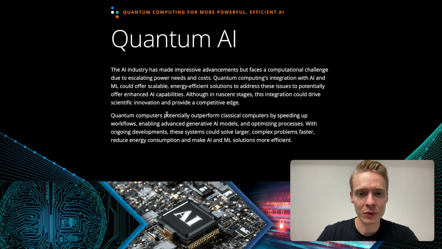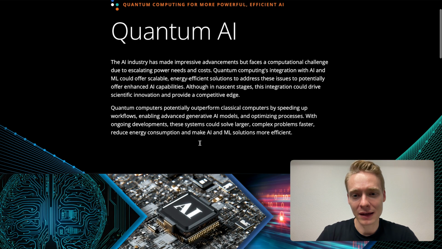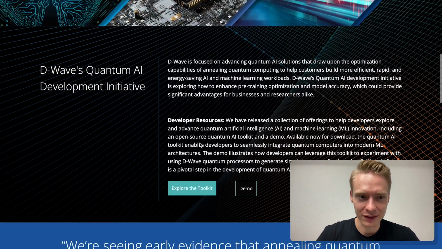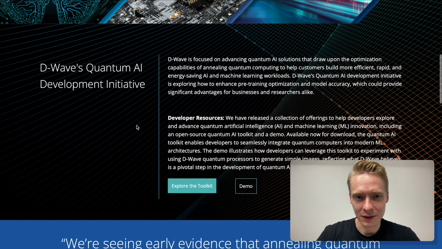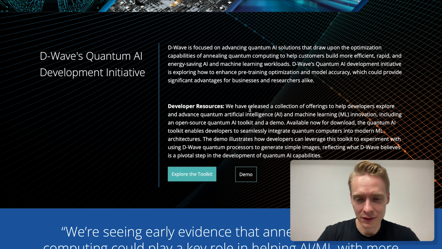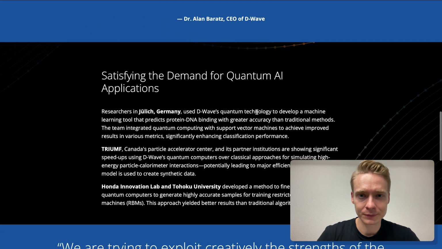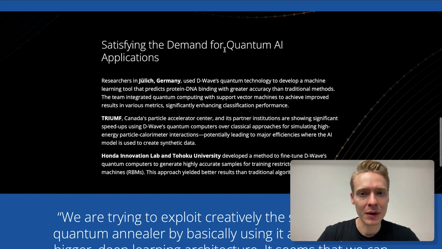Quantum computers could potentially outperform classical computers by speeding up workflows, enabling advanced generative AI models, and optimizing processes. With ongoing developments, these systems could solve larger complex problems faster, reduce energy consumption, and make AI and ML solutions more efficient. And then here it explains the toolkit, the developer resources, satisfying the demand for quantum AI applications.